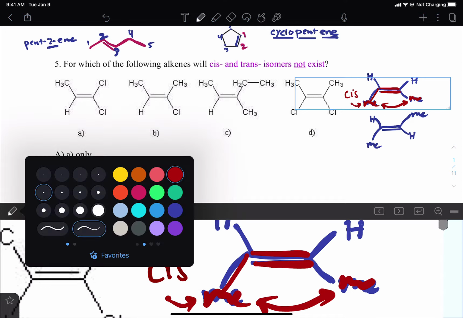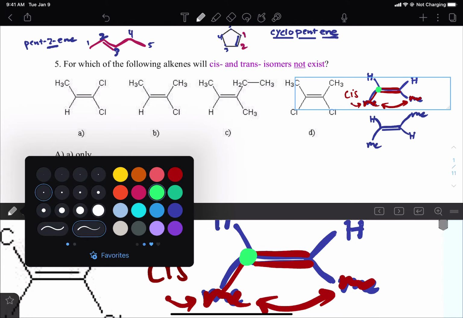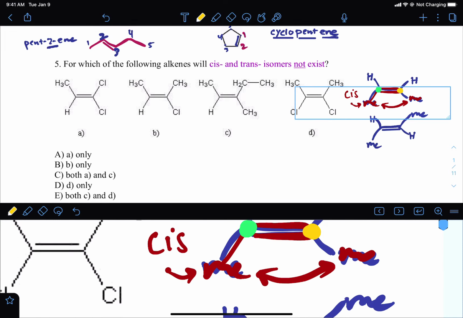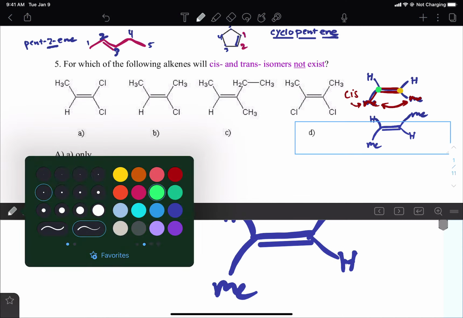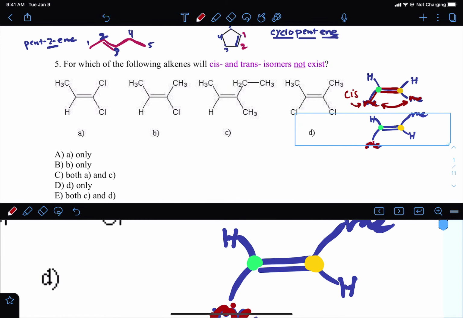Okay, so what we're specifically looking at is the groups on one carbon, say the groups on the green carbon, versus the groups on the yellow carbon. Okay, that's kind of our reference. So the methyl on the green we say is cis to the methyl on the yellow. Okay, and it's locked in that position. In the bottom structure, we've got the green carbon and the yellow carbon. And now the methyl carbon on the green is trans.